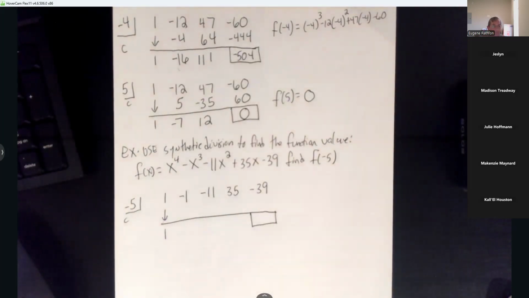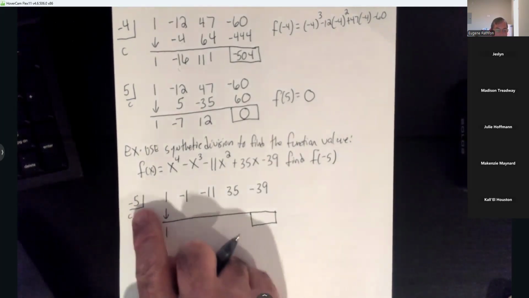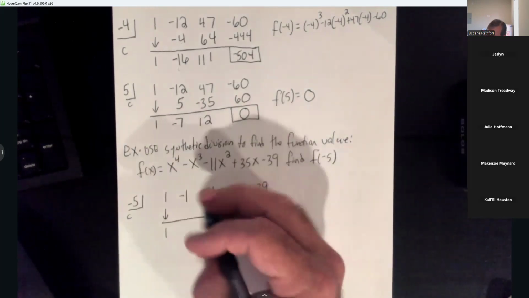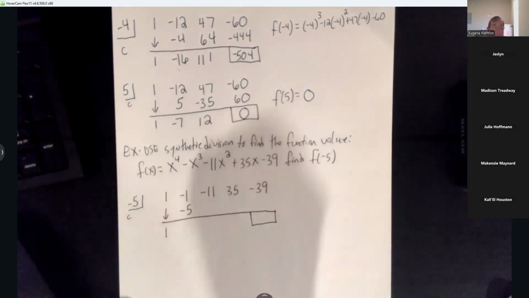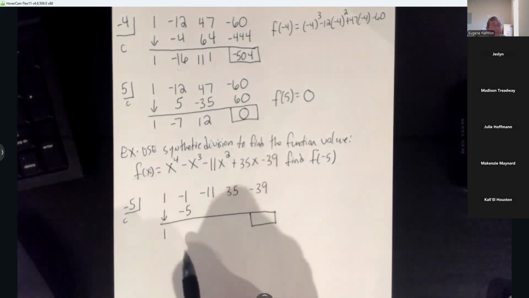All right, next step. So y'all brought down that 1. Now you're going to multiply the 1 by negative 5. There you go, 1 times negative 5 is negative 5. And then y'all give me this step, and then it's just going to be repetition. So what would y'all do with this?